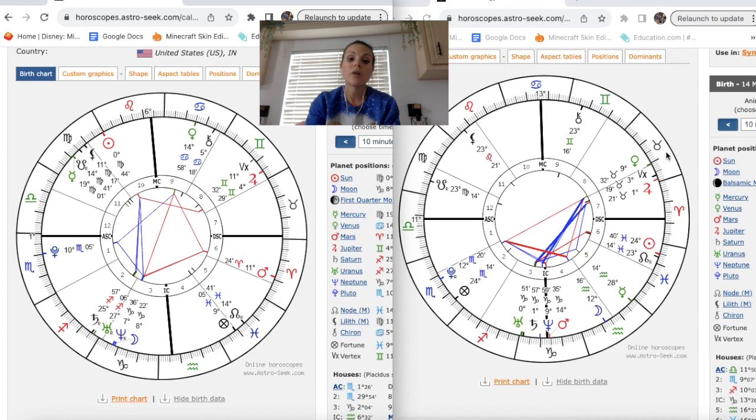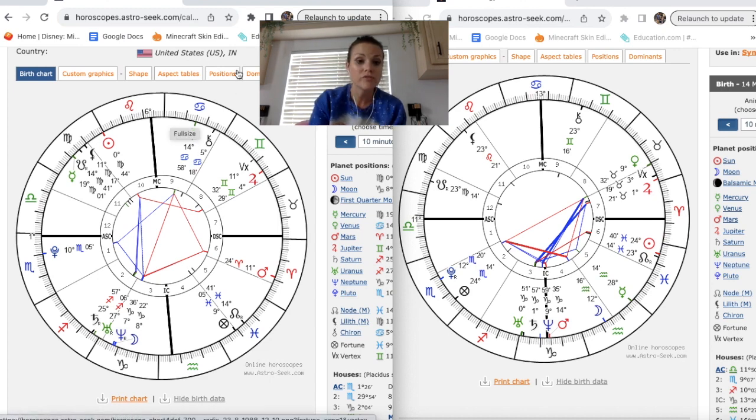So I'll note that Venus in person 2 being in Taurus, Venus rules Taurus. It's at home in Taurus. So this is going to be a very strong expression. Okay, Venus is going to be very easy to express here. So it's going to be very easy for them to express their affection and their love.